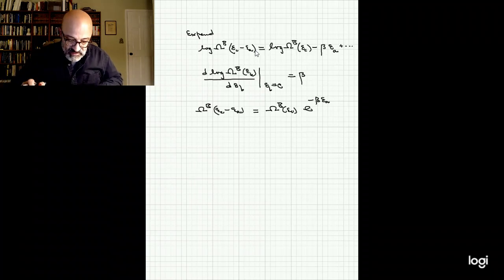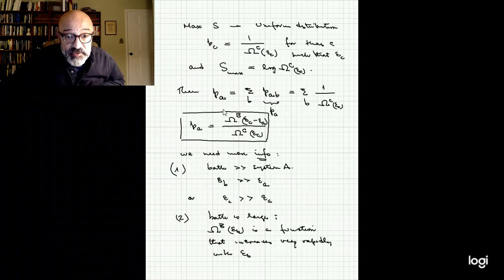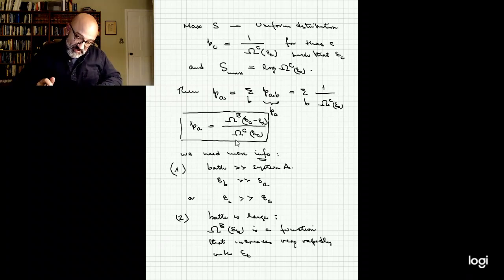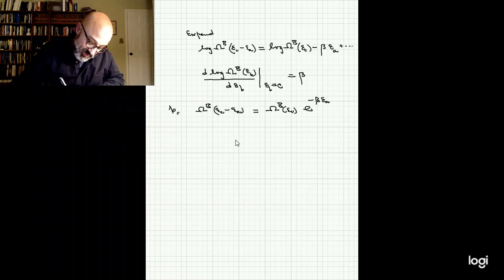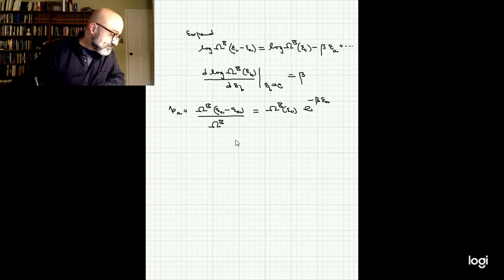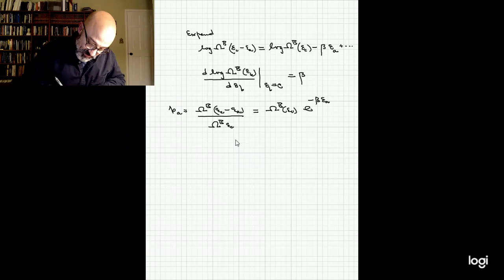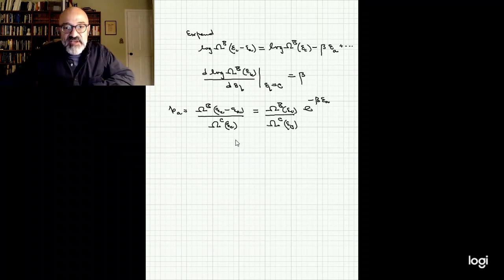And if we come back to the expression that we have here, we can find PA by dividing by omega C of EC.